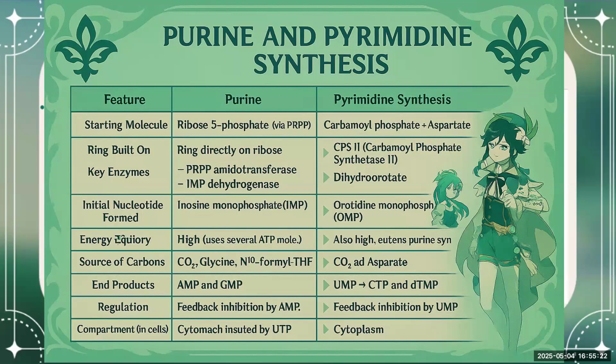I'll go back and explain this again. Then you have orotic acid, and from orotic acid you form UMP with UMP synthase, right?